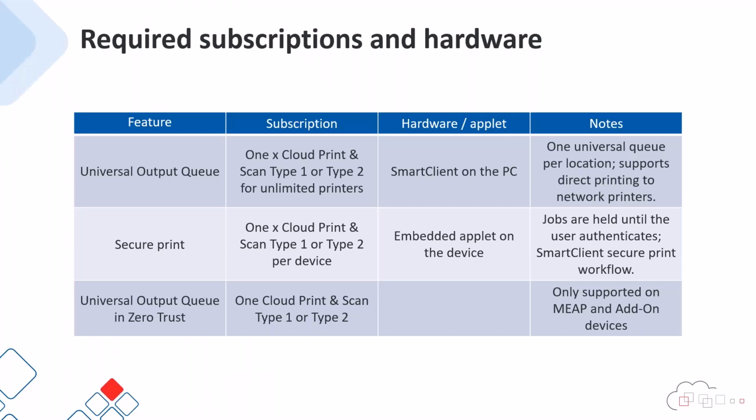The table that you can see on the screen shows the subscriptions and hardware needed for universal output queue and secure printing across Canon and indeed non-Canon devices. Universal output queue uses smart client with cloud print and scan type 1 and type 2 if required. Secure printing on Canon devices uses the same subscription with the embedded applet.